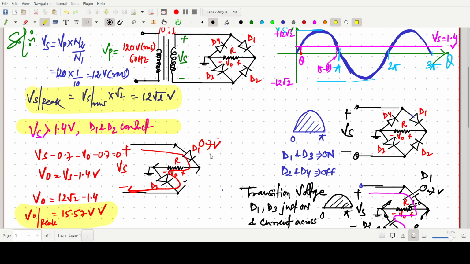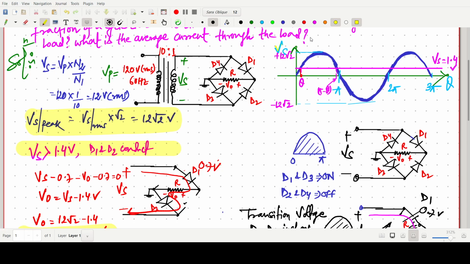We are very much familiar with the bridge rectifier output, or full wave rectifier output. After that it should be 0 here, and here also.